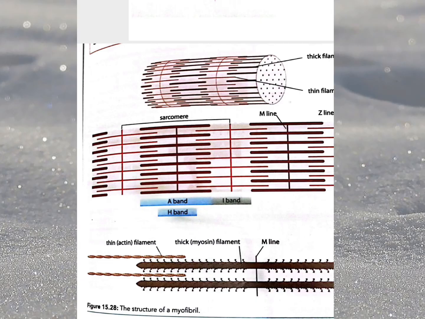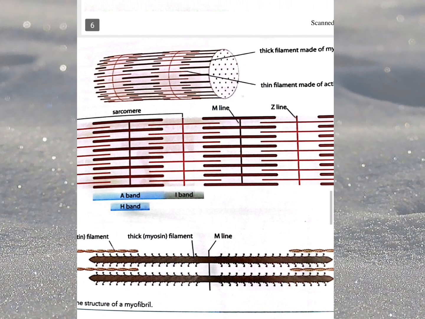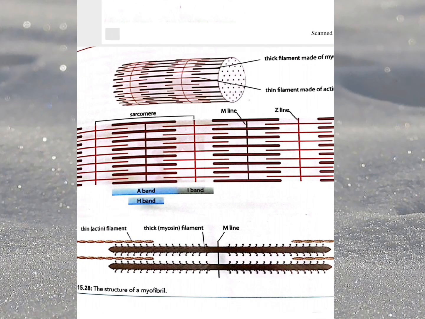What is the H band? H band is the region which is only representing the dark region. So this is the H band. And what is I band? I band is completely showing the region where light band is present. So these are the three bands which are present on the myofibril: A band, I band, and H band.